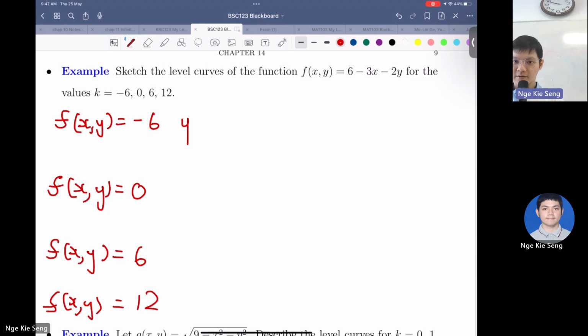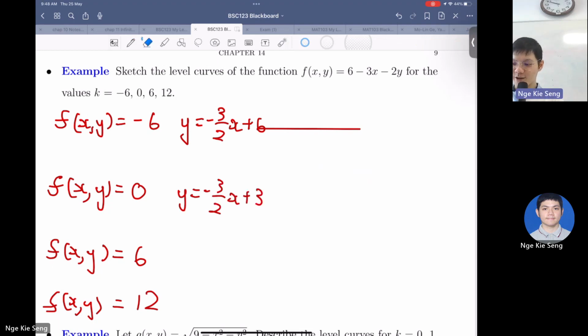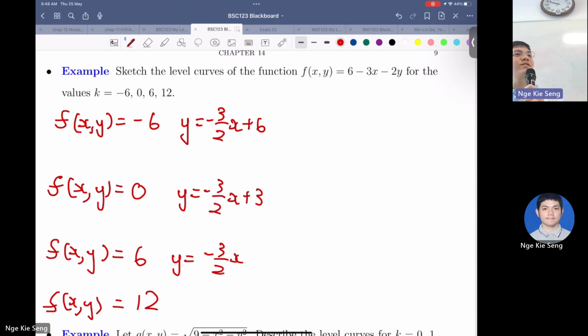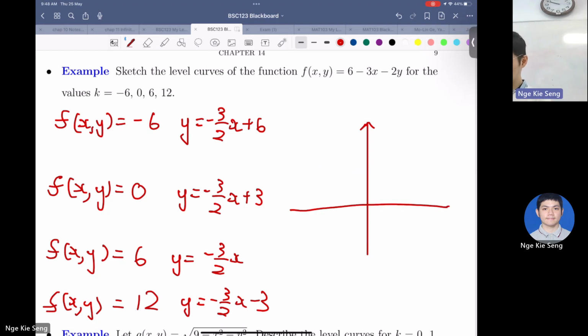I think you get a bunch of lines. You get a bunch of lines. Okay. Wait, you just guess or you don't just guess? Okay, so these are lines. So what are these lines? Where are these lines?